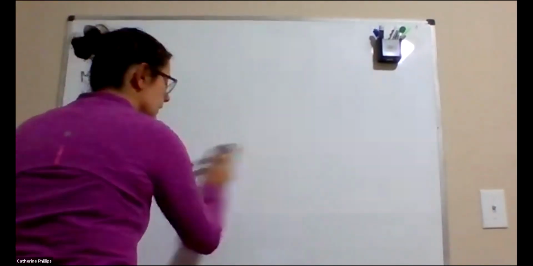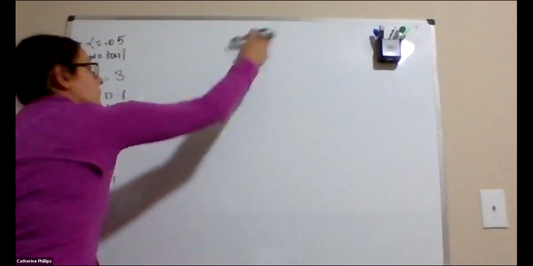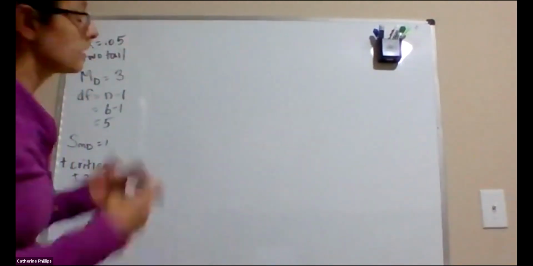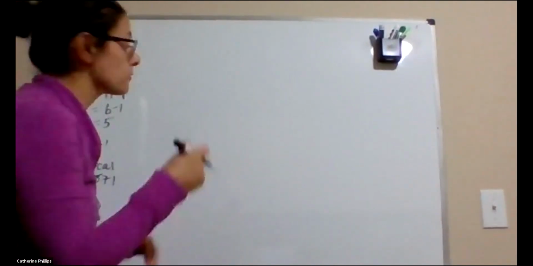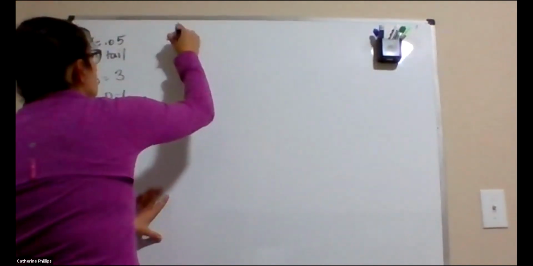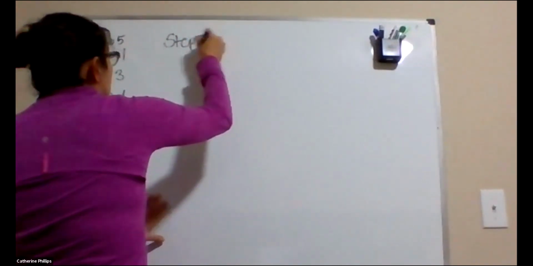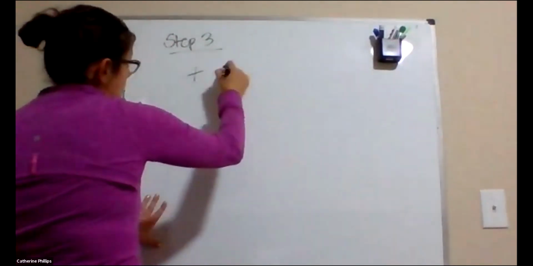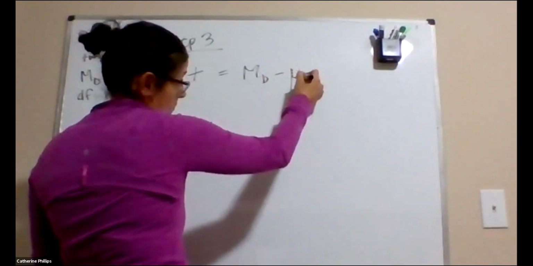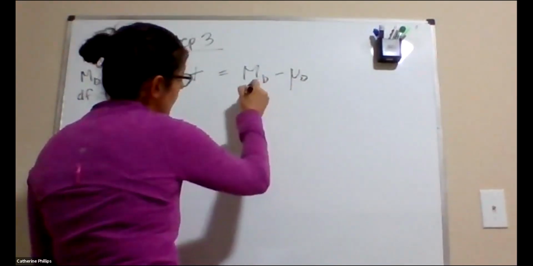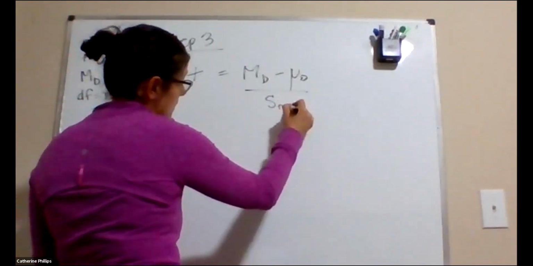Step 3. Typically, step 3 would start by having us compute the estimated standard error, but because we already did that for part B, we can jump right into our t-test. So we're going to take our mean difference, subtract the difference that we're expecting in the population, divided by the estimated standard error.